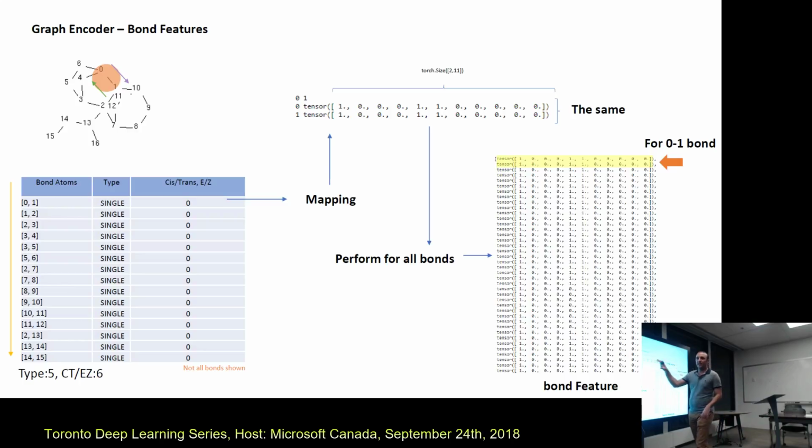Now, the way they collect this information is a bit different than how I would do it. They collect the information for each of the atoms. So you have a bond that is 0, 1, but they collect the information for both of them. They include the information for 0 and they include the information for 1, and they put everything together and end up with this monstrosity.